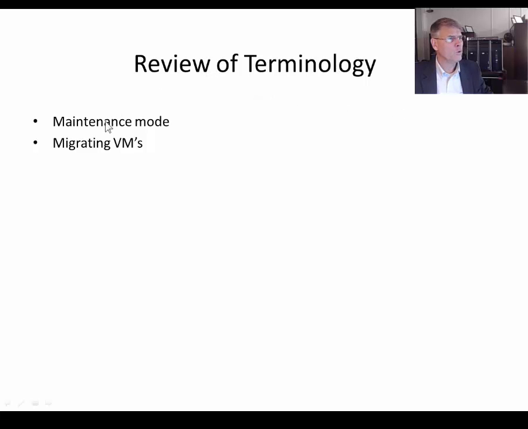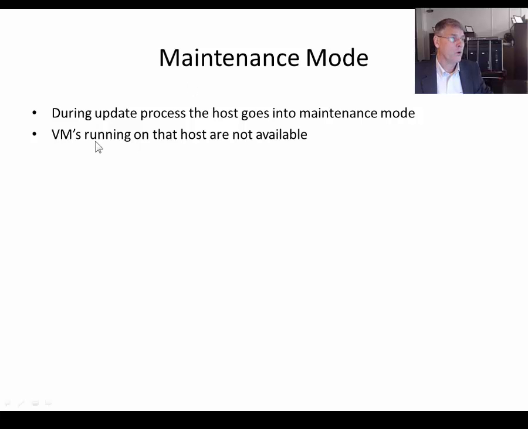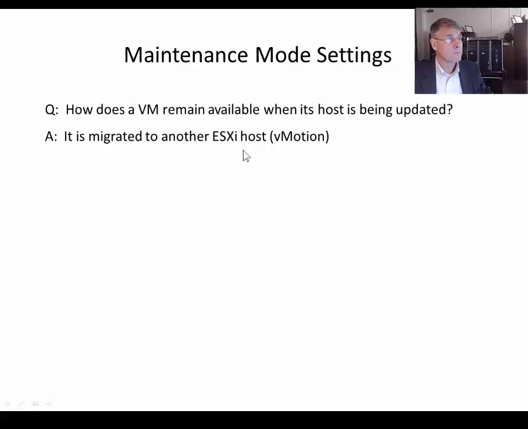Let's review what is meant by maintenance mode and what it means to migrate virtual machines using vMotion. Maintenance mode. During the update process, the host goes into maintenance mode. And what that means is that any virtual machines running on that host are no longer available to users.